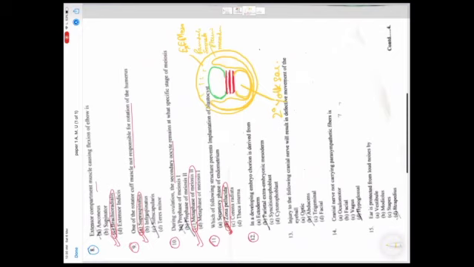And the layer of extraembryonic mesoderm adjacent to the embryo will be called the visceral or splanchnopleuric layer of extraembryonic mesoderm. Okay.